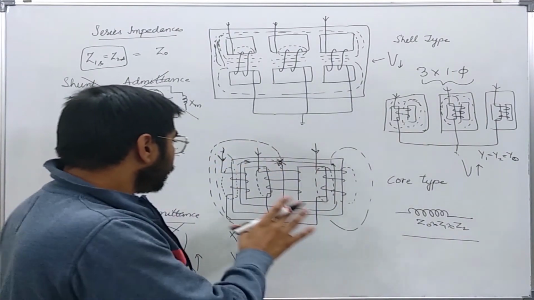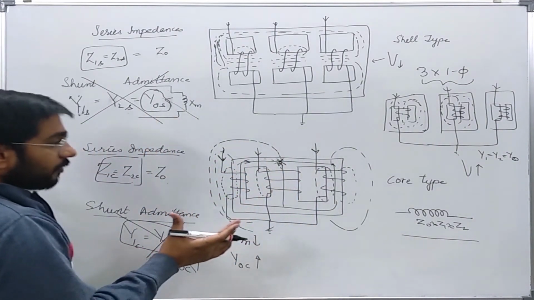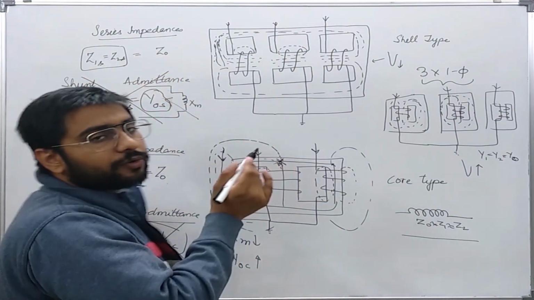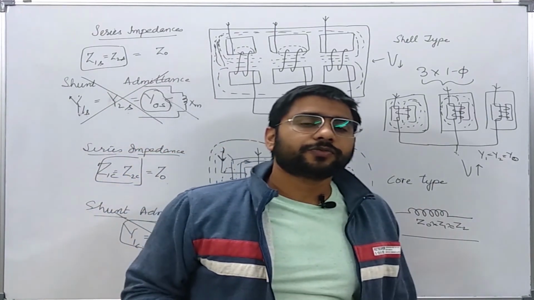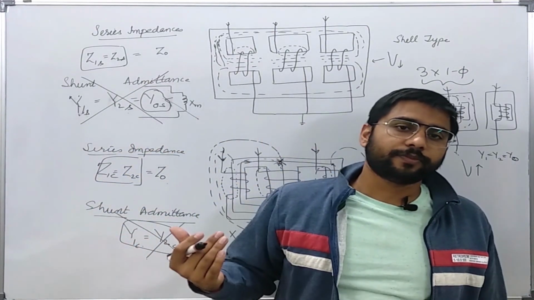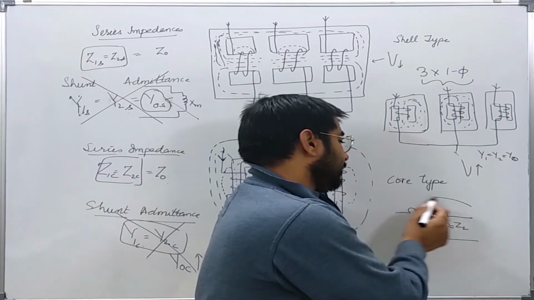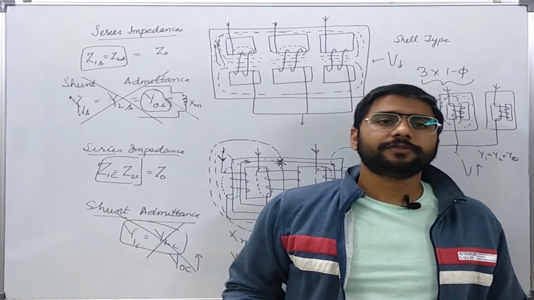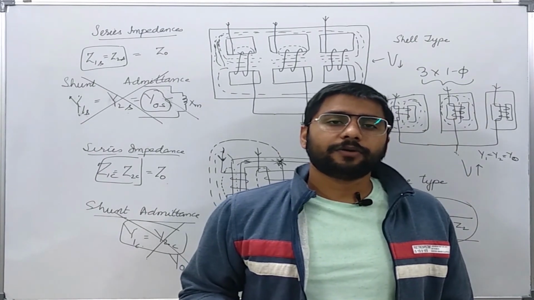So in this way I think I have clearly told what is the difference in the positive sequence, the negative sequence and zero sequence series impedance, as well as shunt admittance for various kinds of construction of transformer. But practically, as I already told, this is the case for all practical purposes in a power system, since usually we are considering only those transformers which have higher power ratings.